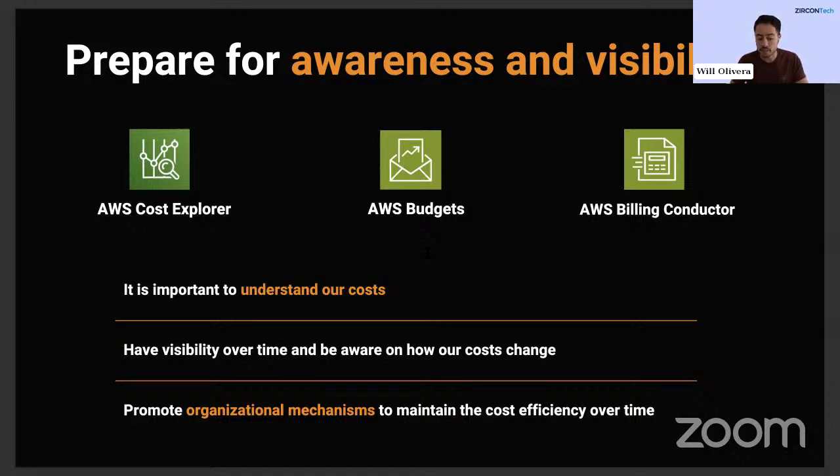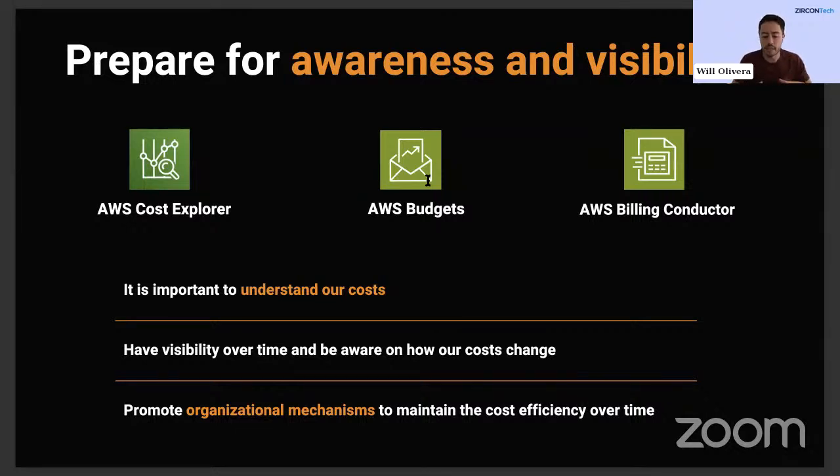In terms of services on AWS that can help us with this purpose of visibility, we have a few options. The first one, I will say the most important one, is AWS Cost Explorer, which is a service where we get graphs and information on how our costs are distributed between different resources within our account. Then we have AWS Budgets, which is also an important feature that will allow us to get alerted when things are going maybe above our expectations.